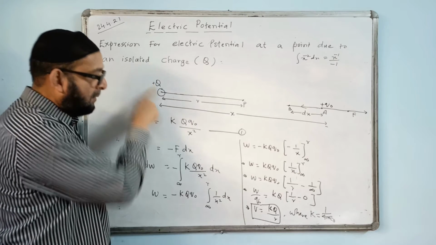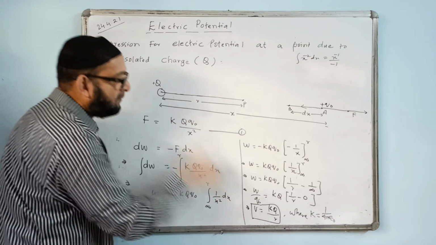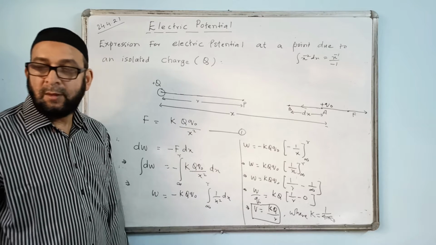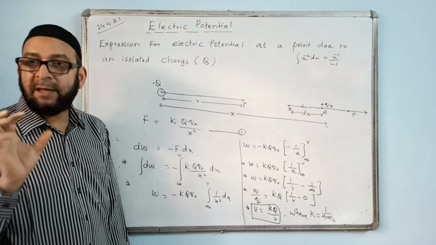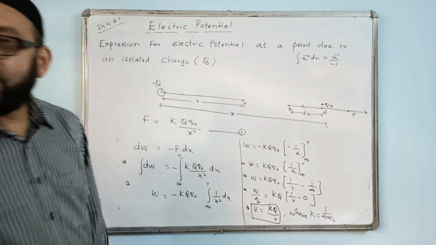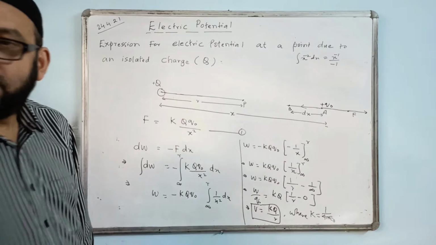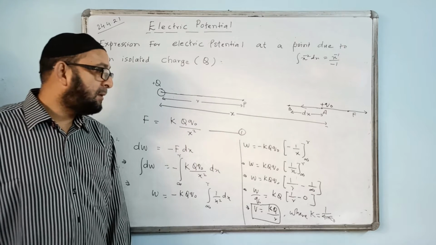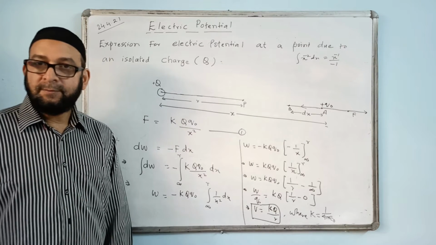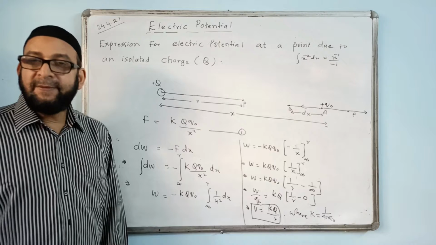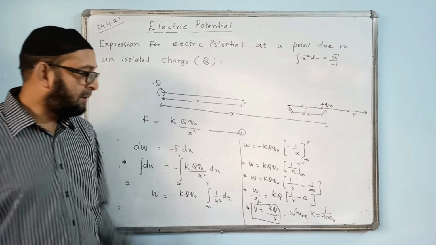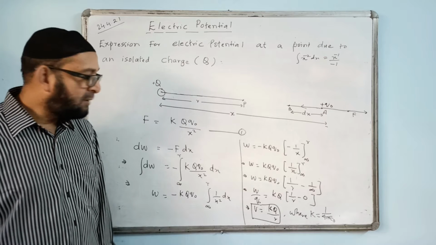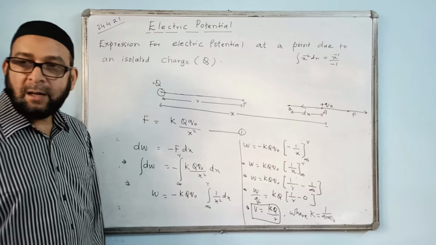If it is plus, we will take plus; if it is minus, we will take the sign minus also. So in electric potential we are going to take the sign, but we are not going to take the direction this time, and we will not bother about breaking into components or finding the resultant in this case. So V is equal to kq by r.